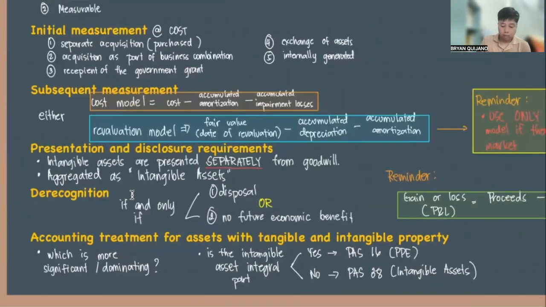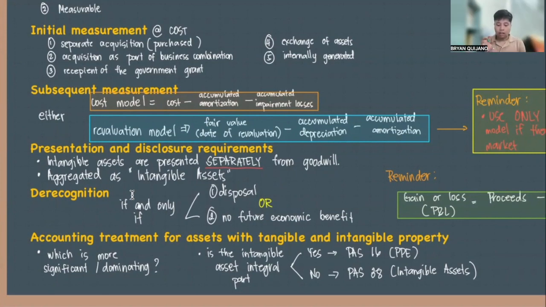Let us talk about one of the issues if you're going to acquire an intangible asset and a tangible asset. The first thing that you have to ask yourself is which is more significant or dominant in your transaction.